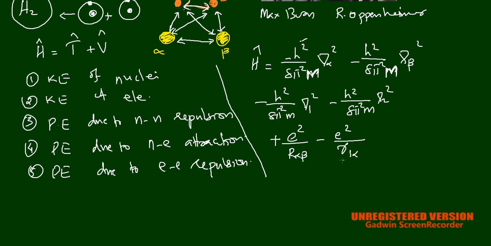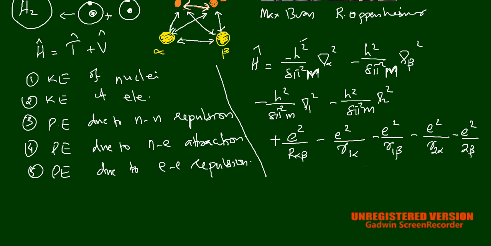R1 alpha means it is the distance between the electron 1 and the nucleus alpha. Okay, and next one is minus e square divided by R1 beta. Next one is minus e square divided by R2 alpha. Then minus e square divided by R2 beta. Okay, these four constitute the attractive potential energy due to the nucleus electron interaction.